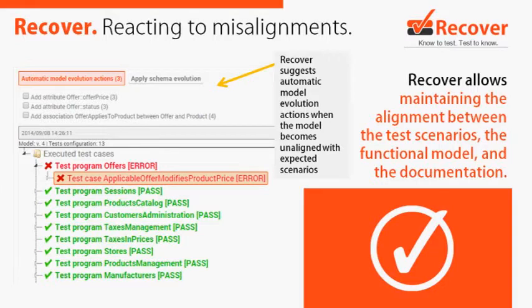So then at this point, like in test-driven development, Recover suggests how we should evolve the model in order to include the knowledge about offers.